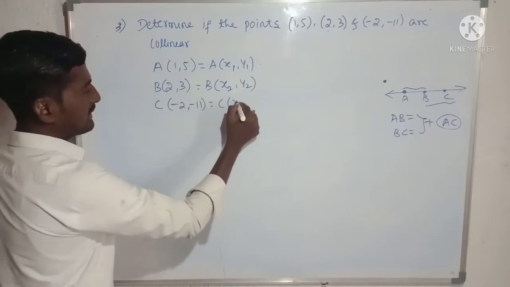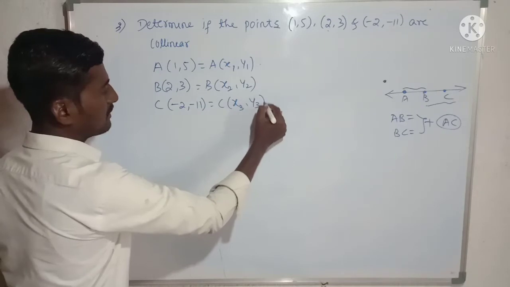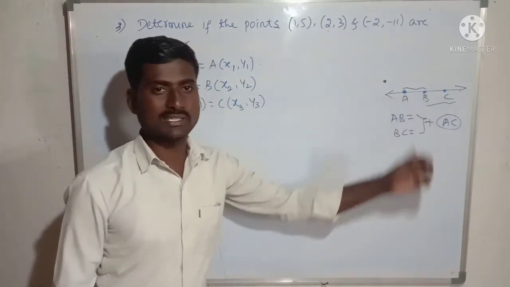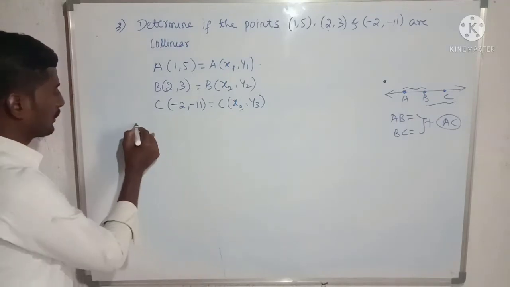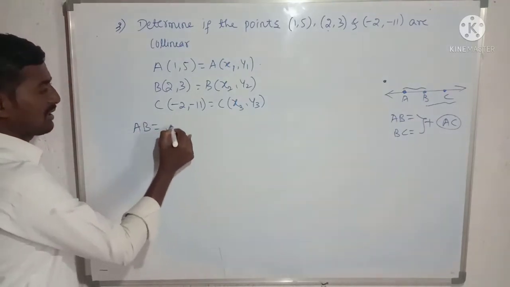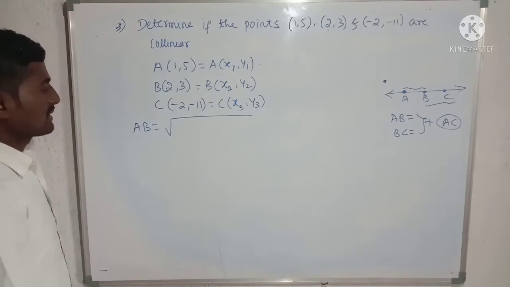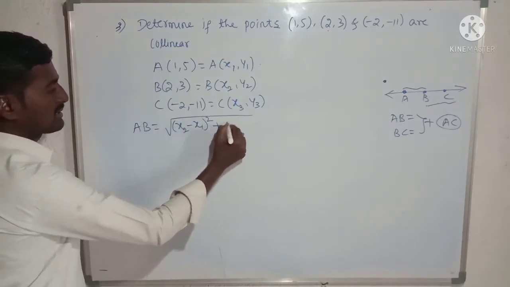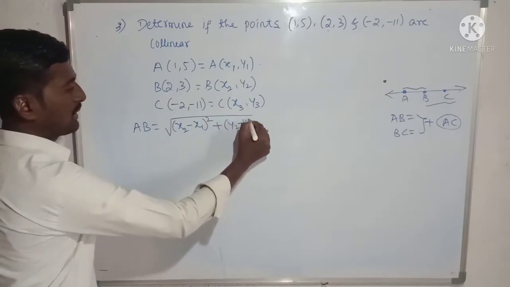That is C, x3, y3. First we have to find the distance between these 2 points. AB I will find. AB is equal to. Once I will write the formula. What is the formula?